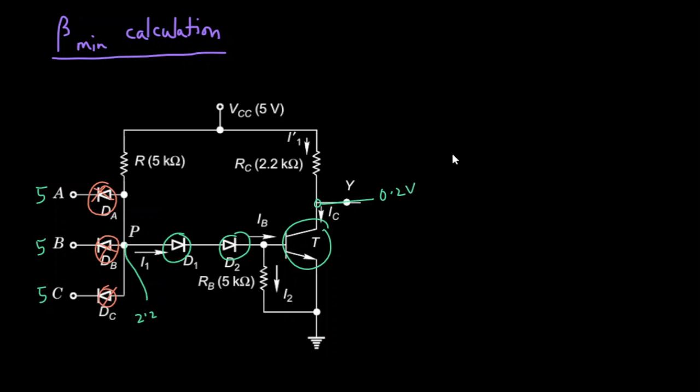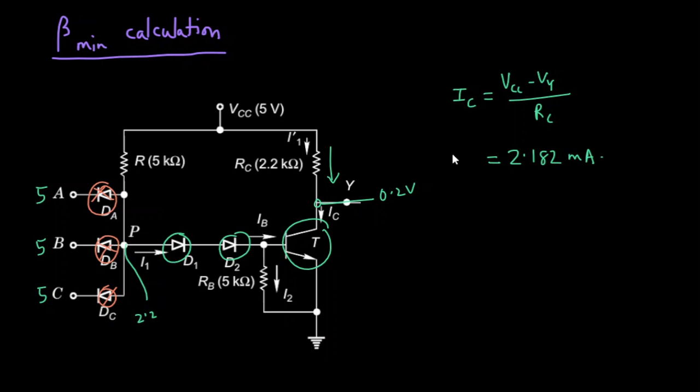Now we will calculate the collector current. This is the collector current IC. The collector current can be calculated using the voltage difference across the RC resistance, that is VCC minus VY divided by the resistance RC. So the value of the collector current will be 2.182 milliampere.